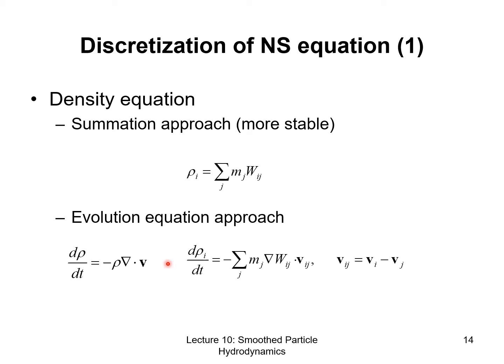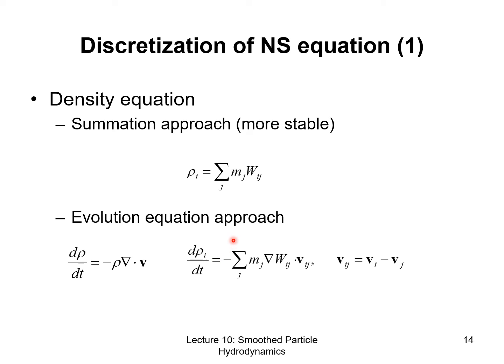Then you have another approach to approximate the density variation, by introducing approximations for the right-hand side, the divergence and density. So you have a second approach to approximate the density.